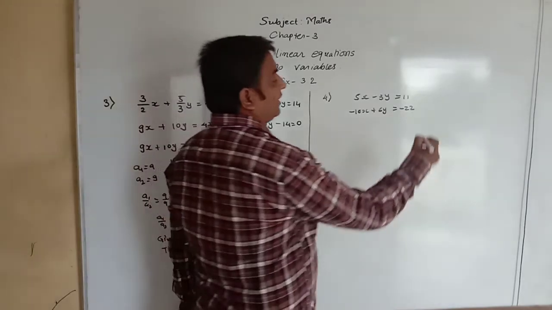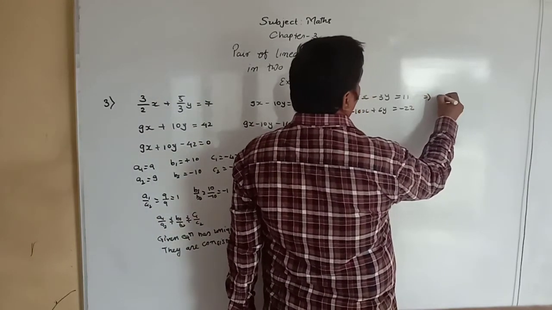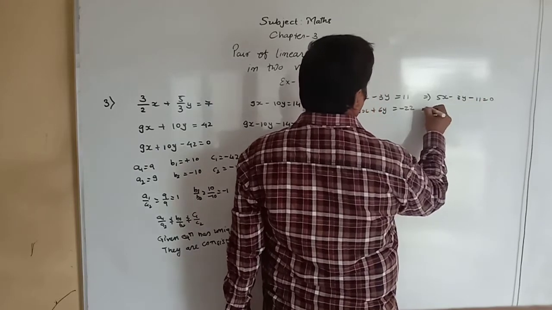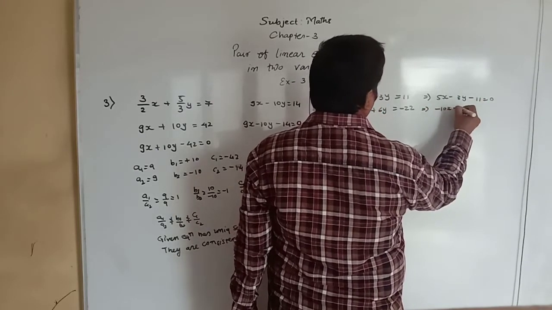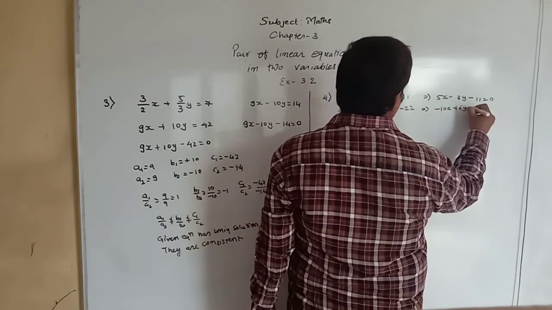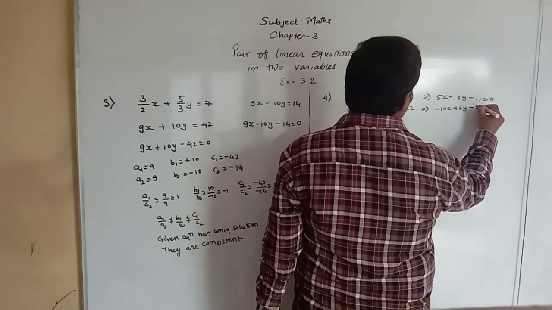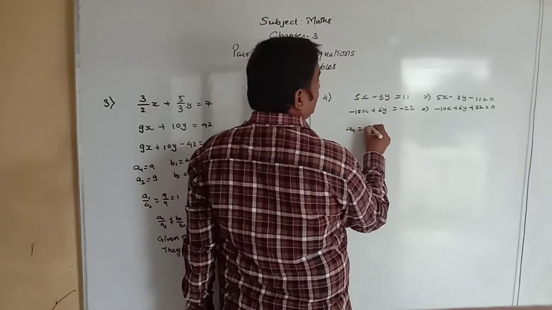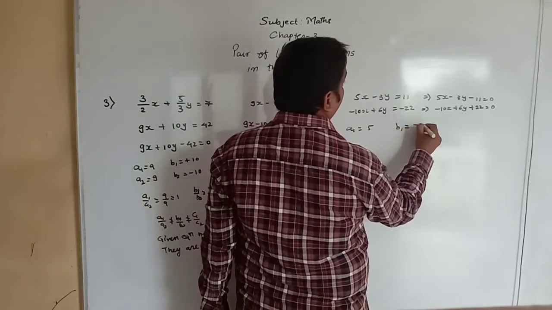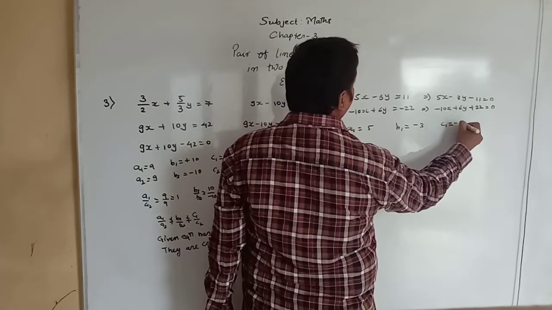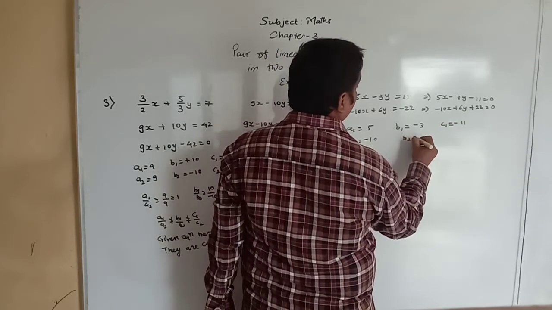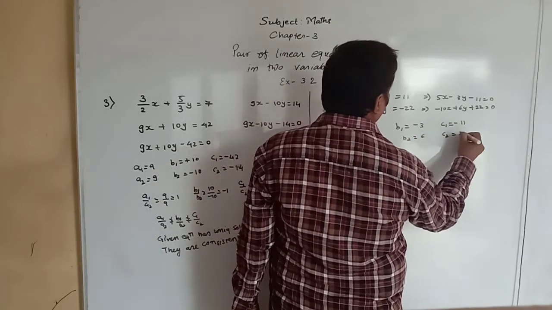So here we can write the standard form: 5x minus 3y minus 11 equals 0, and here minus 10x plus 6y plus 22 equals 0. So a1 equals 5, b1 equals minus 3, c1 equals minus 11, a2 equals minus 10, b2 equals 6, c2 equals 22.